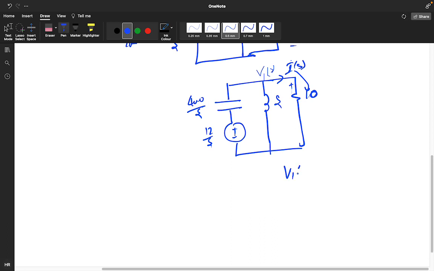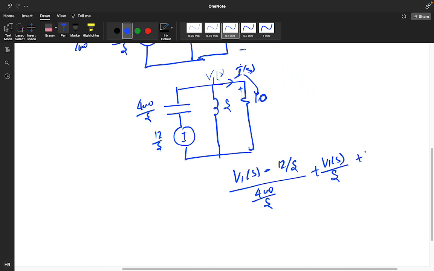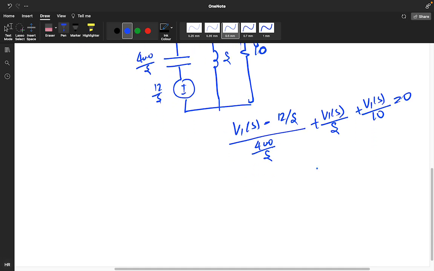So v1 of s minus 12 by s, divided by the resistance, because we are representing it in the form of 1 by cs, so 400 by s only, plus v1 of s by s, plus v1 of s by 10. It will be 0 only.